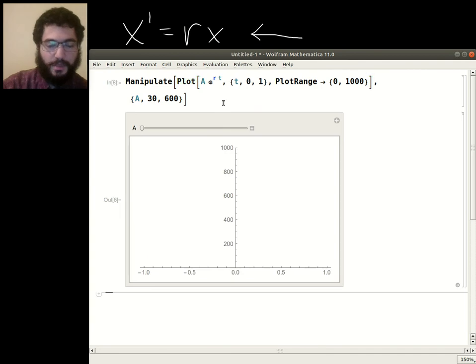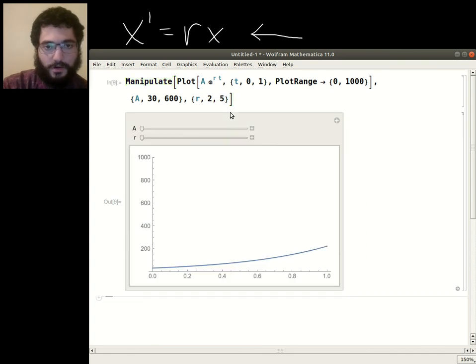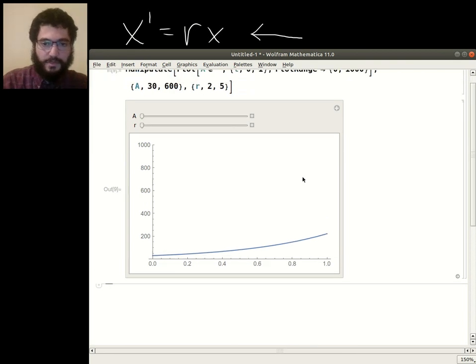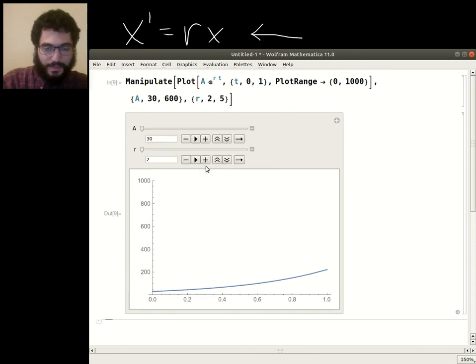Of course, if I plot this, I'm not going to see anything because it doesn't know what r is. But I can create a slider for r to manipulate the values and watch what happens to the solution. Let's say I'm going to vary r from 2 to 5. So here's my exponential growth. A is set to 30 here, and r is set to 2.